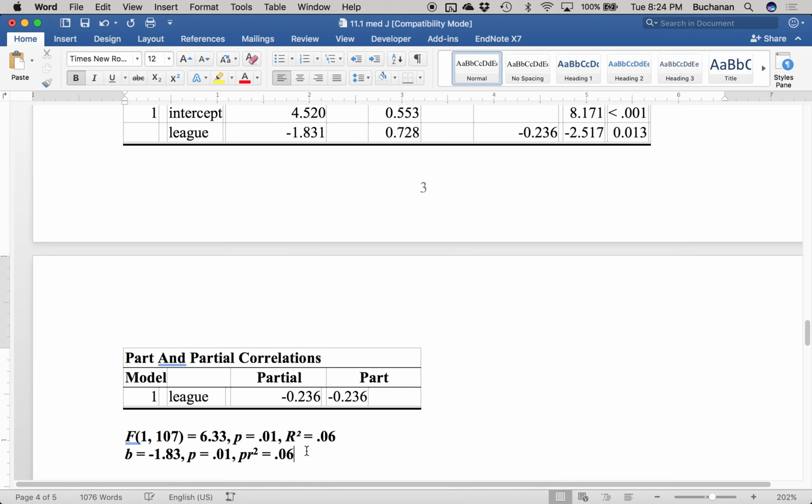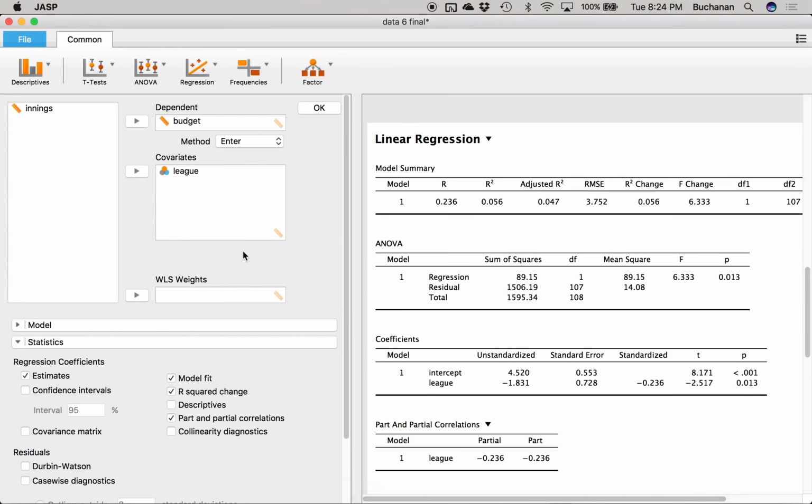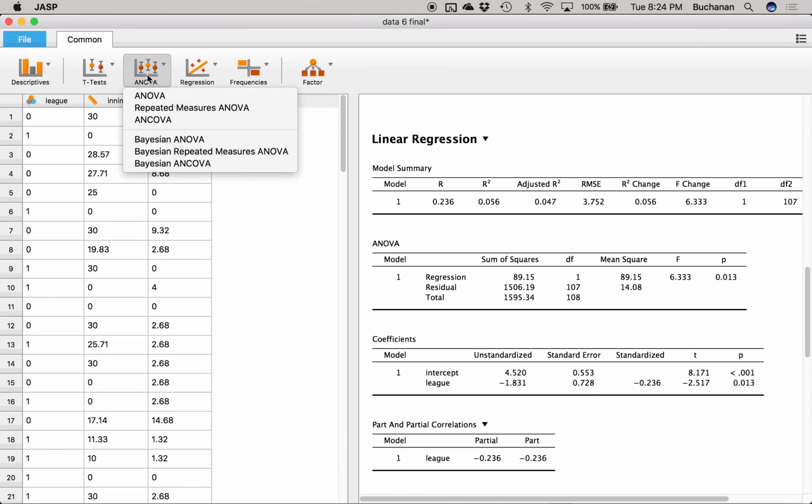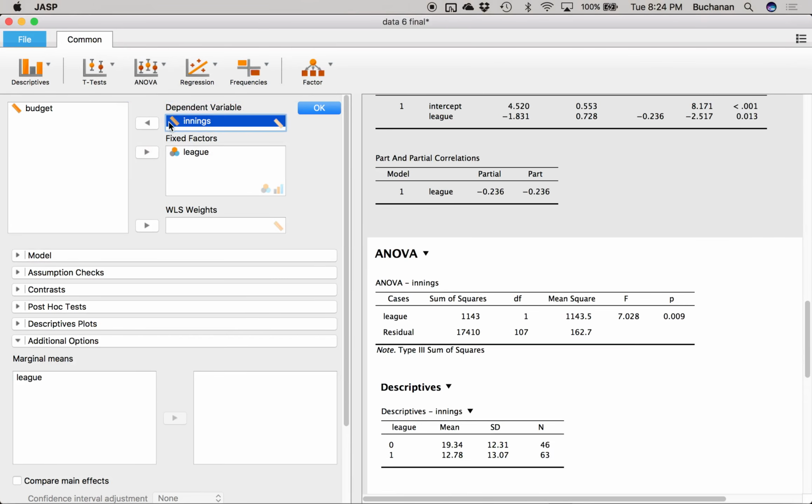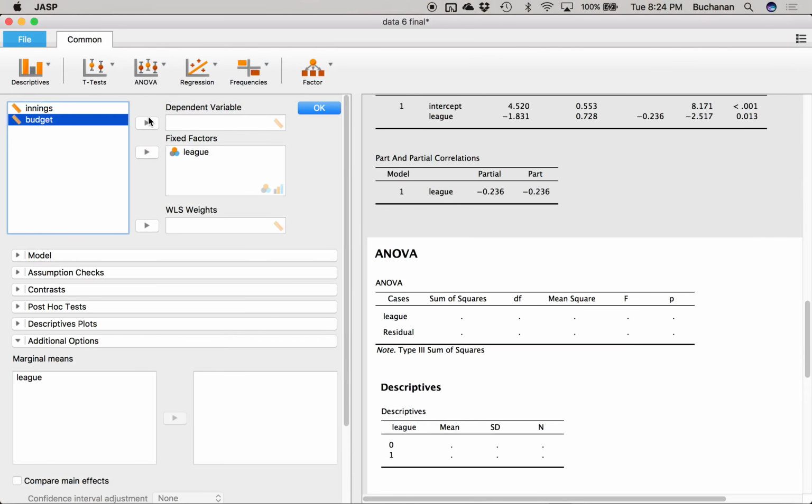So what does this statistic mean? Again, I'm going to cheat just real quick, run that ANOVA, and switch out our DVs here, just so I can see what's happening.